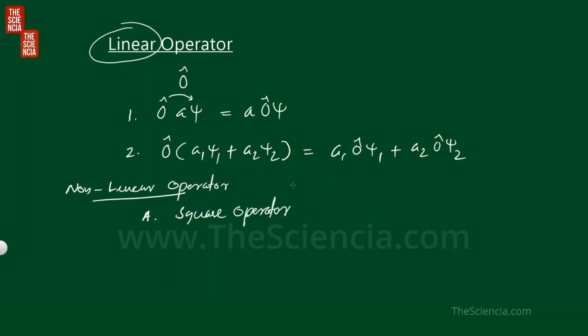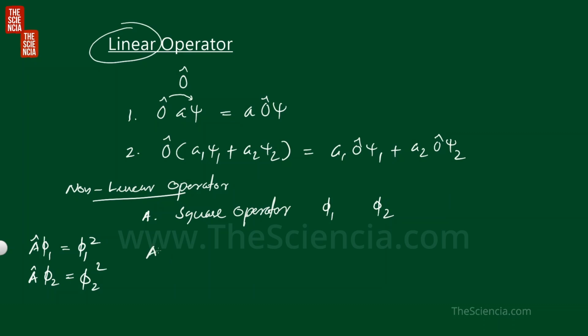Suppose there are two states, psi 1 and psi 2. I am calling the square operator A, and this operator is operating on psi 1. So what will we obtain? We will obtain the square of this function, that is psi 1 square. Similarly, this operator is operating on state psi 2. So we will obtain psi 2 square.